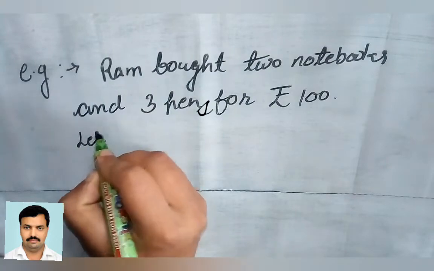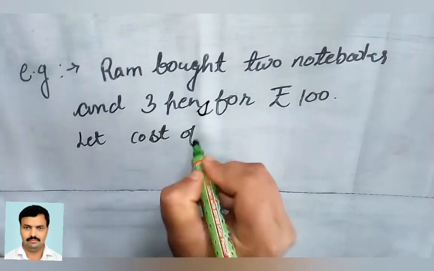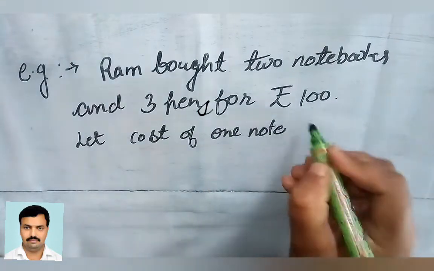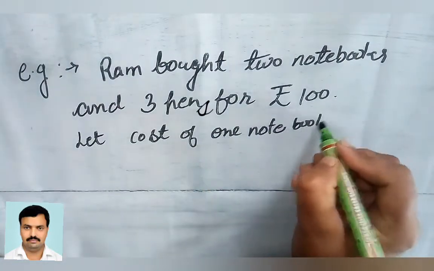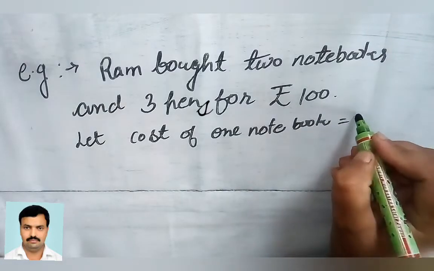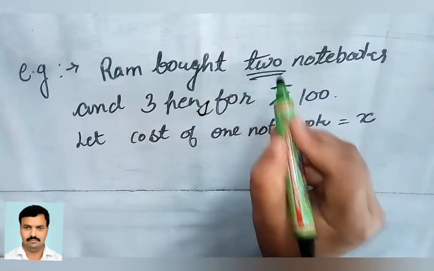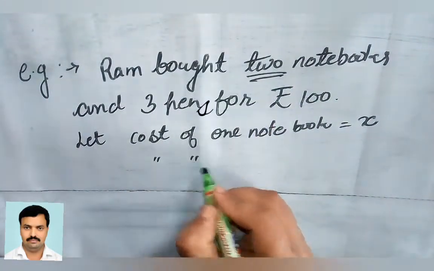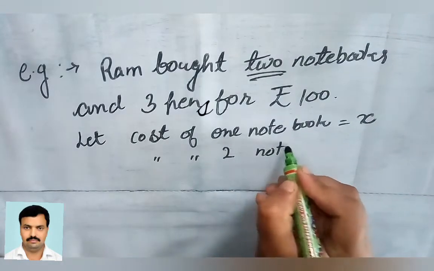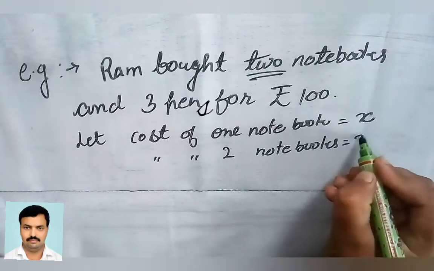Now in this situation, let the cost of one notebook equals to x. So if one notebook costs rupees x, then the cost of two notebooks will be 2 into x, that is 2x.